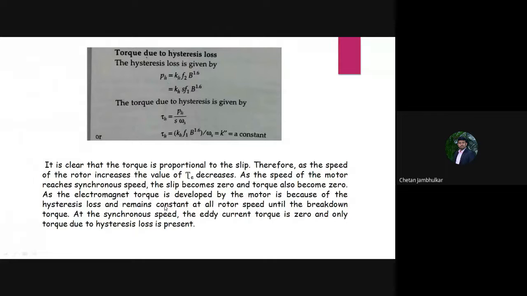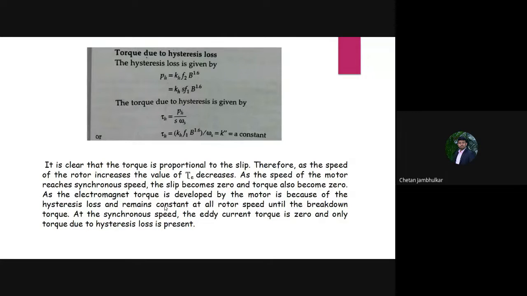And the torque due to the hysteresis loss. The hysteresis loss is given by PH = KH into F2 into B to the power 1.6. Here we also put F2 = S into F1, so PH = KH into S into F1 into B to the power 1.6.